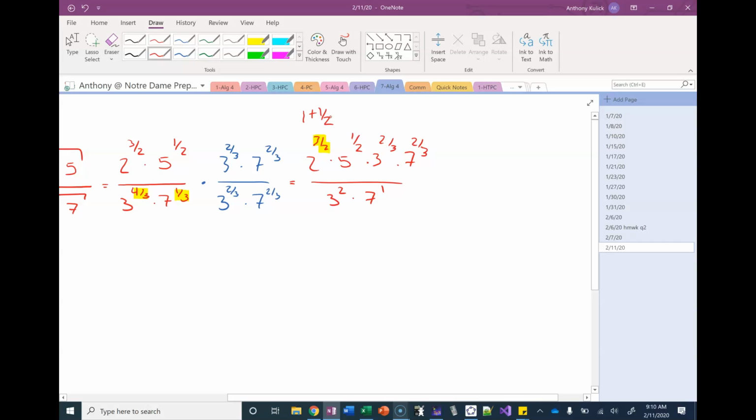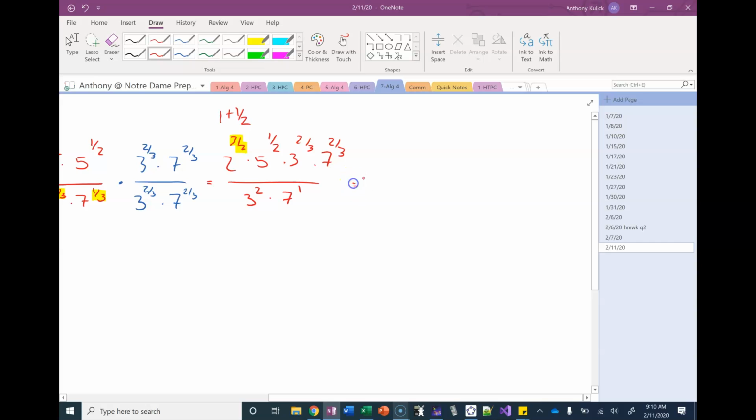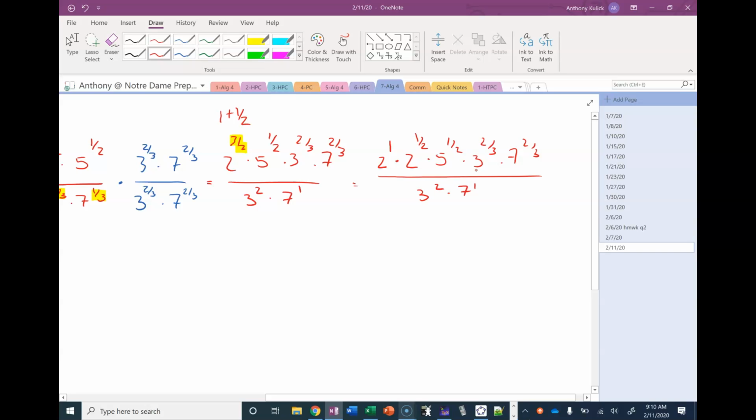Yeah. So what that allows me to do is rewrite 2 to the 3 over 2 as 2 to the first times 2 to the 1/2. And then all that other stuff is just going to stay the same. Is that okay there? Okay.